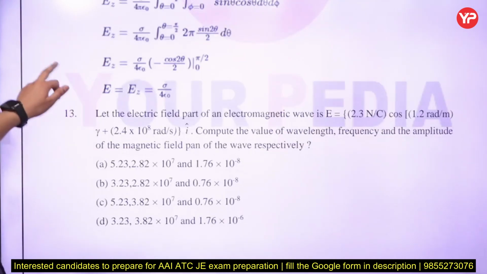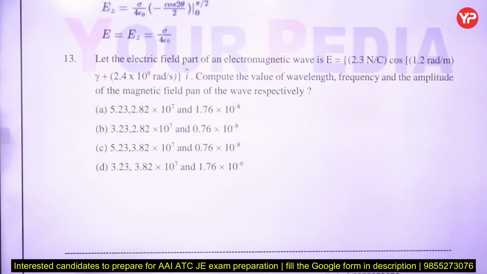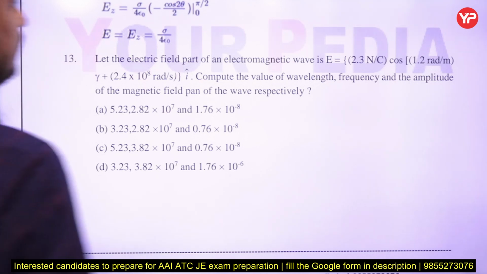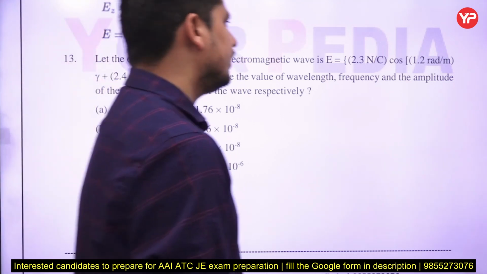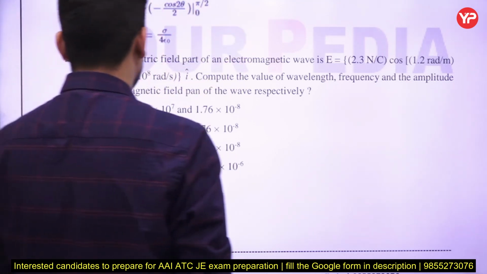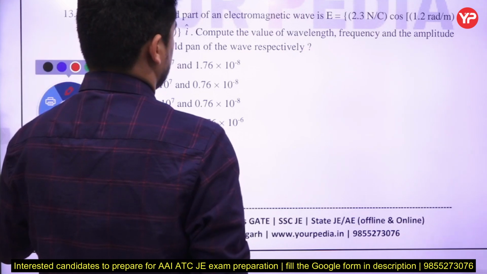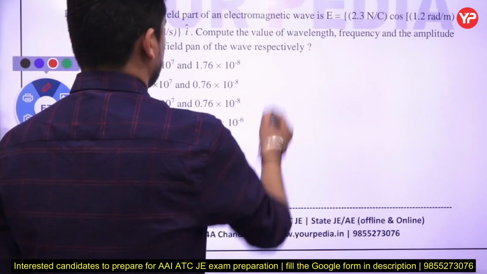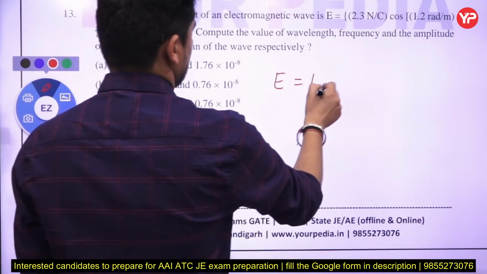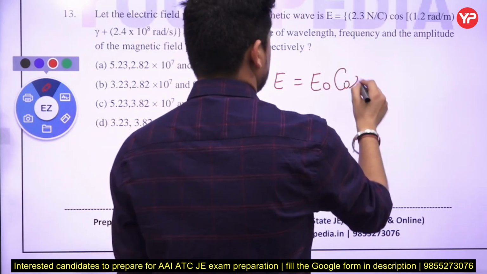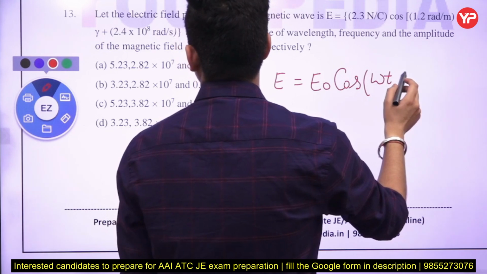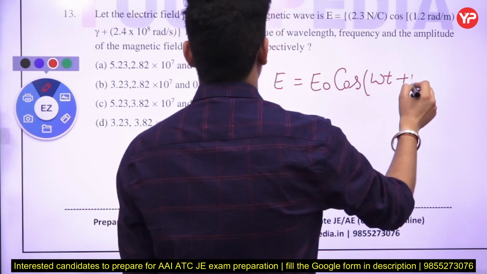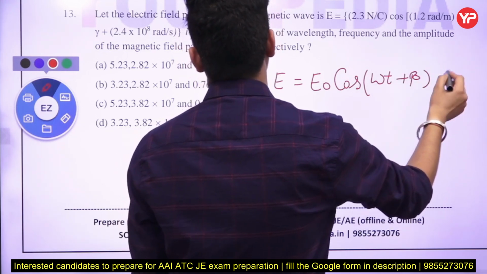Okay, next question. Let the electric field of an electromagnetic wave be given. Yeah, this is the electromagnetic wave, and the electric field of this electromagnetic wave is given. Compute the value of wavelength. Okay, so basically the electric field E is given by E naught, that is the question from EM wave, omega t minus beta z.